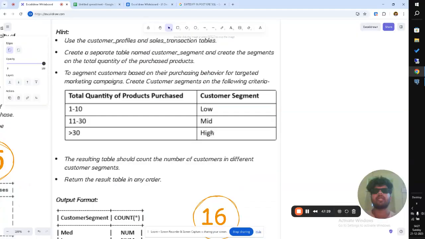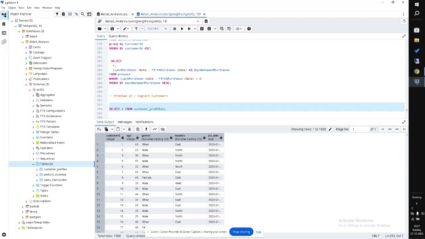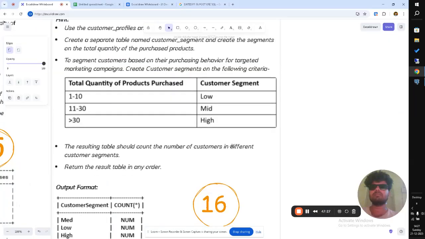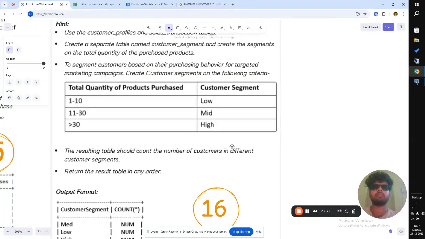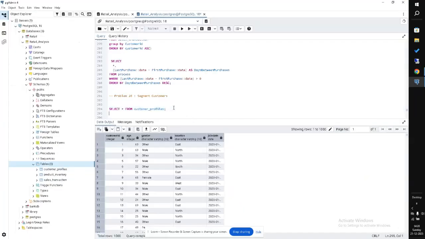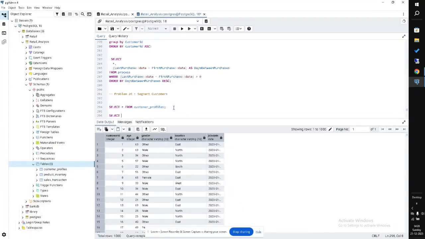How do we connect both? Let's see. Total quantity purchased. Here we go. Select star from sales transactions.